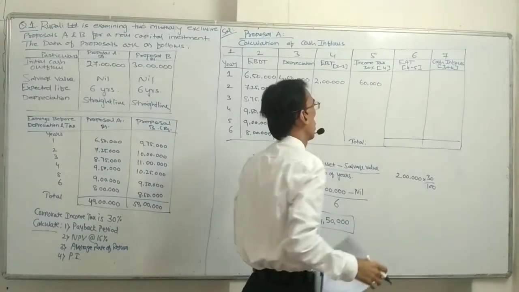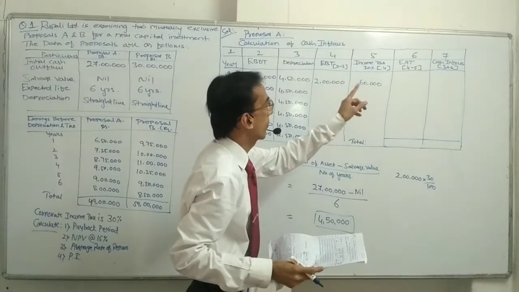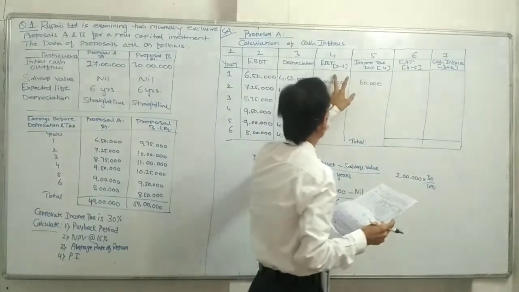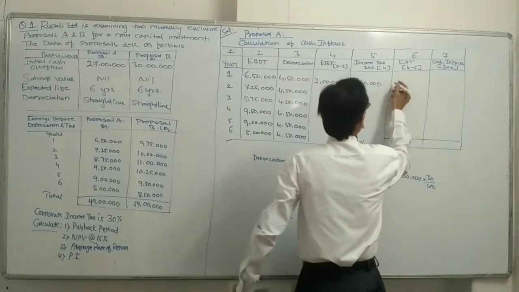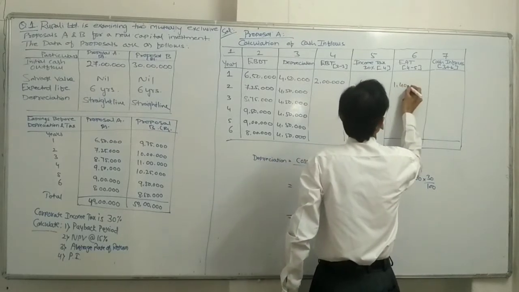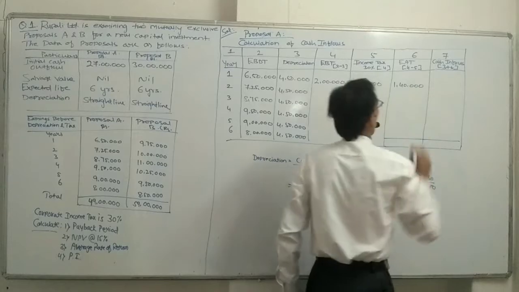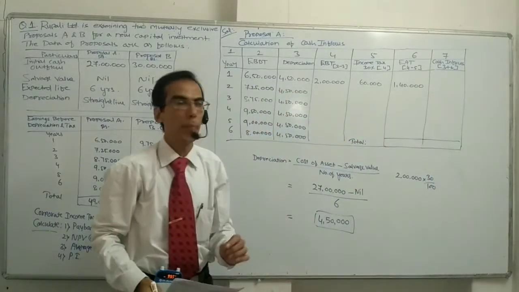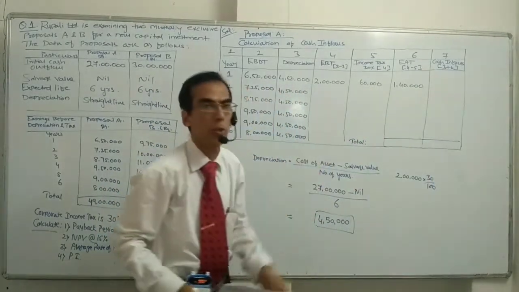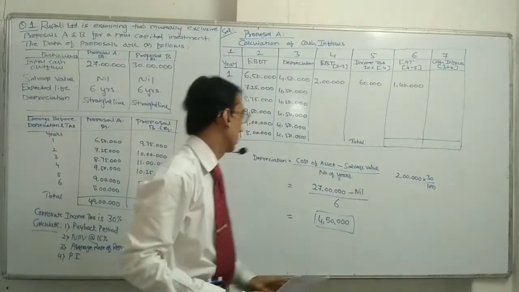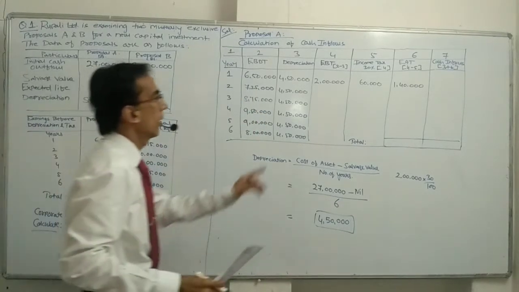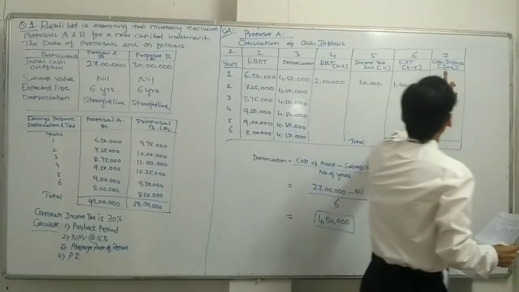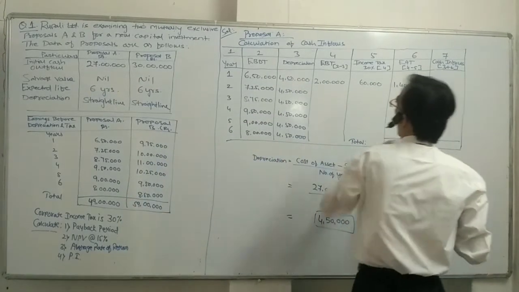Next, sixth column, earning after tax. Fourth column minus fifth column, the answer is 1,40,000. And the last column, that is cash inflows, which is very important for solving all these calculations, is third column plus sixth column.